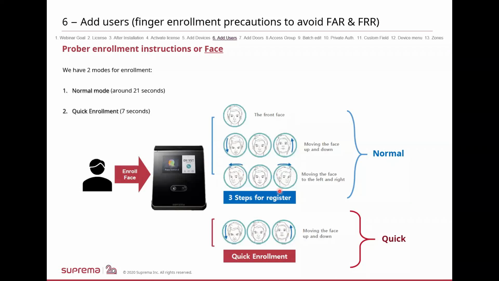This is actually the best practice because the device takes a lot of biometrics from your face, and accordingly, it will be more secure and better for usage. For the quick enrollment, you just show your face with a very slow movement up and down, and accordingly, the device is going to have your template.